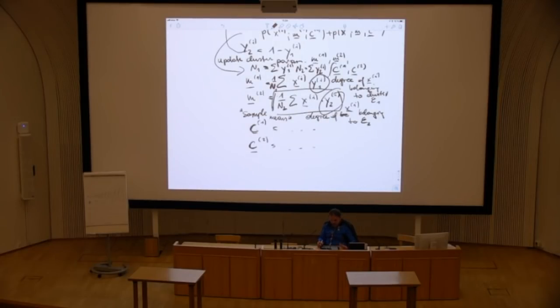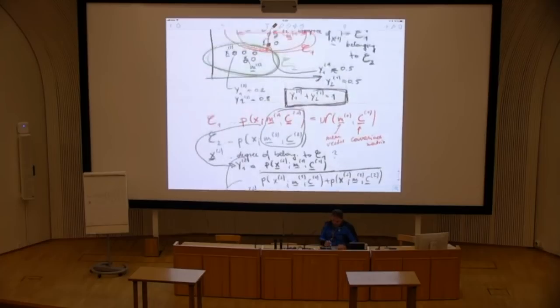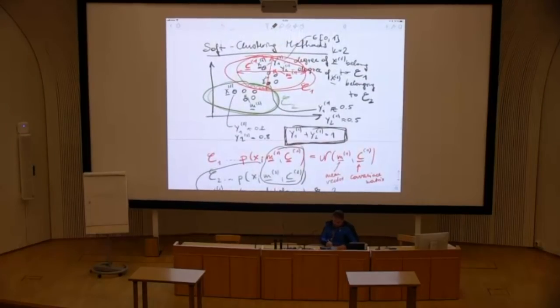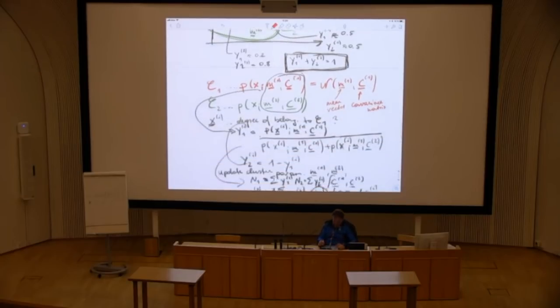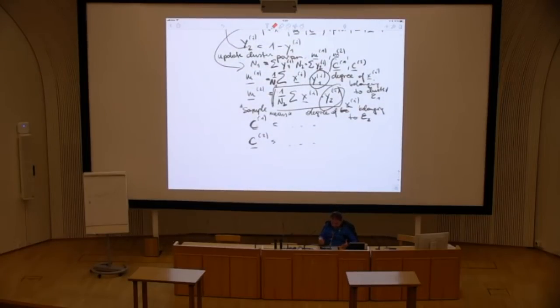Once we have updated the parameters of the clustering, how do we continue? So we have now reshaped the Gaussian distributions for the clusters. Once we have reshaped the Gaussians representing the clusters, what do we do? We recalculate the degrees of belonging, or cluster assignments, soft cluster assignments.